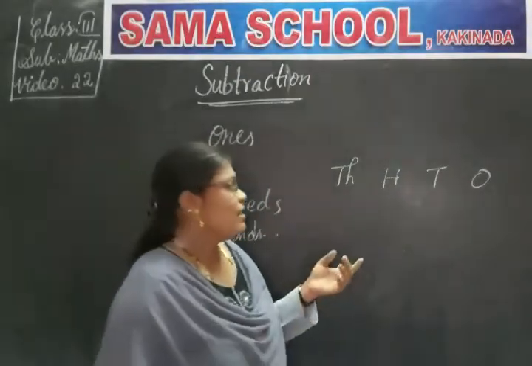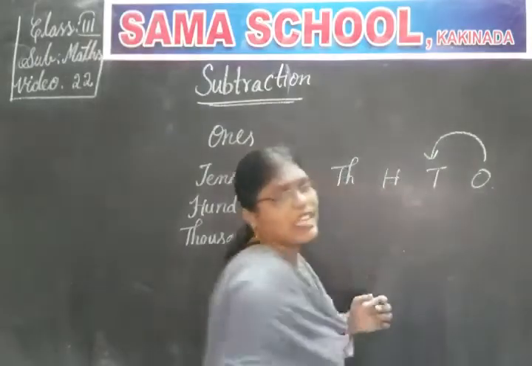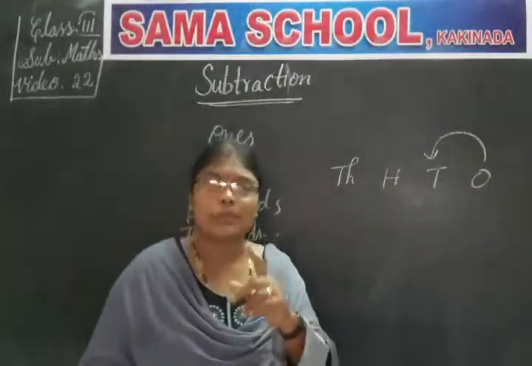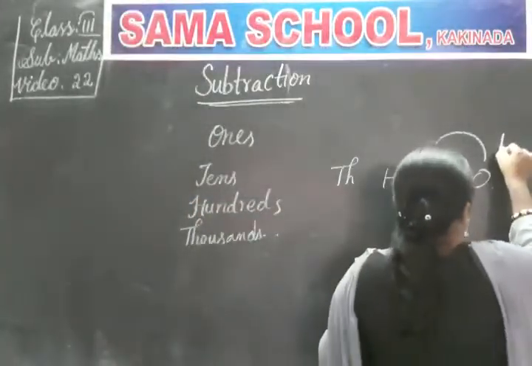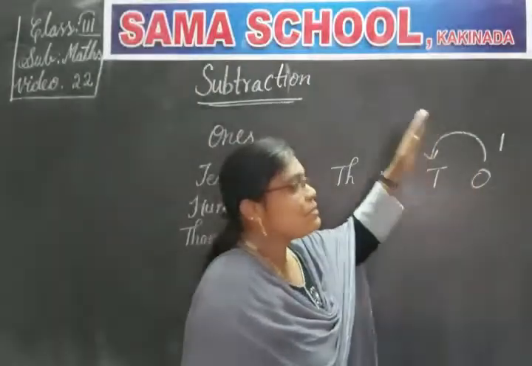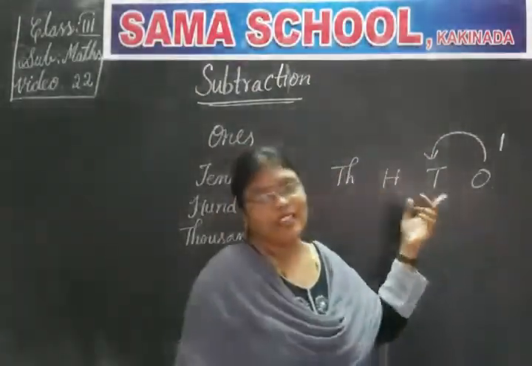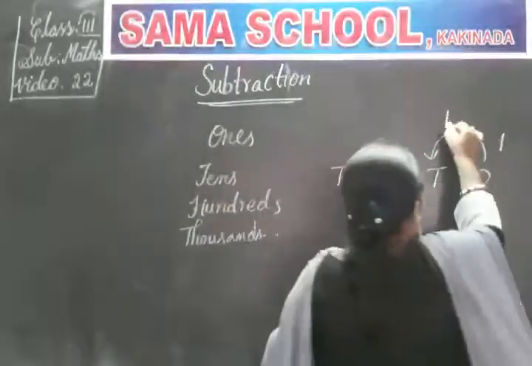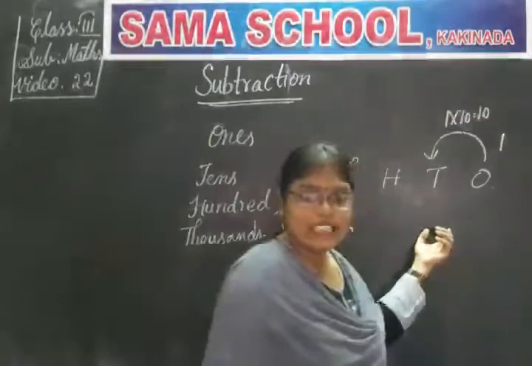Okay, that is, what is the value of ones place? That is only 1, right? And when you move to tens place, it increases by 10 times. That means you have to multiply the number with 10. That is 1 into 10. That is 10. Yes or no?